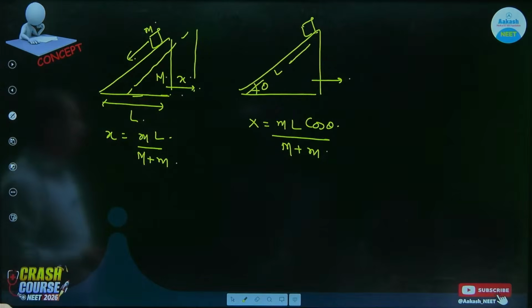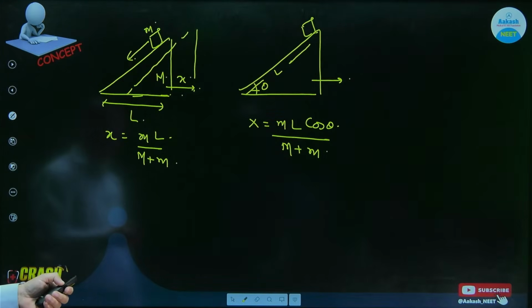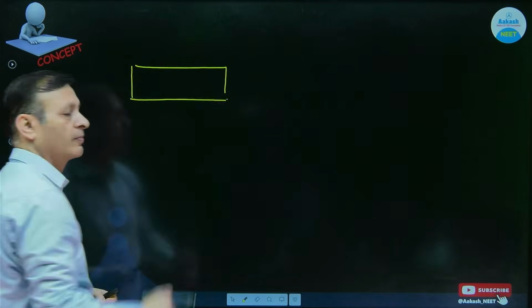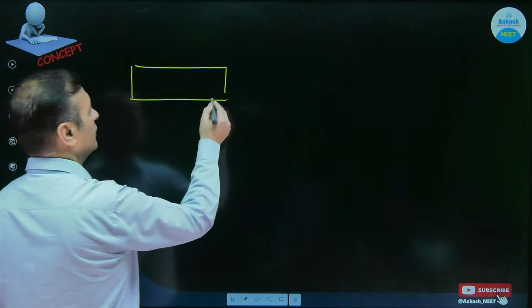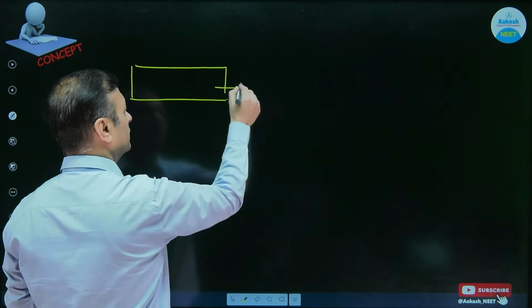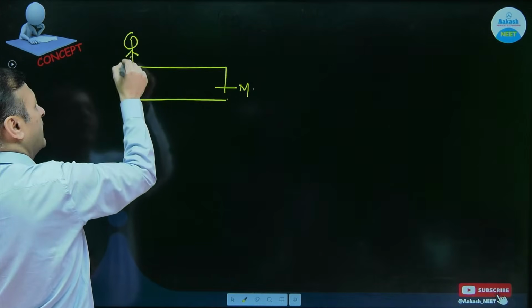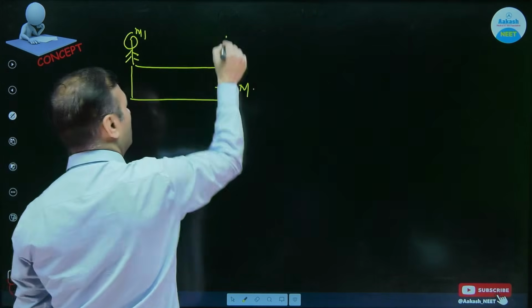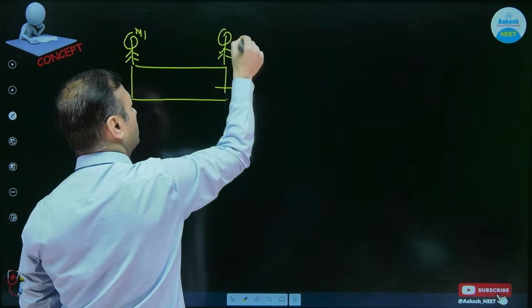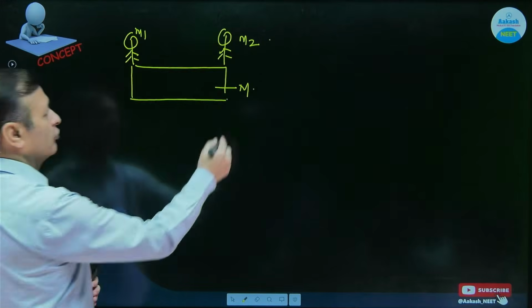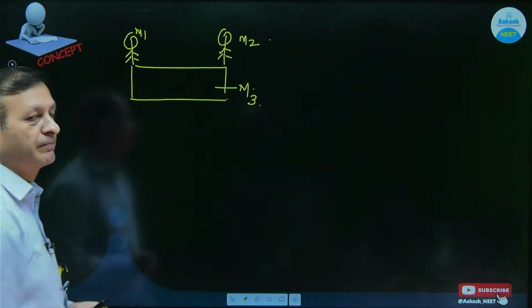So these are two more competitive cases we have. Now you have one situation. Suppose you have this mass, and one man standing at this position of the plank. Let's suppose this is M3.